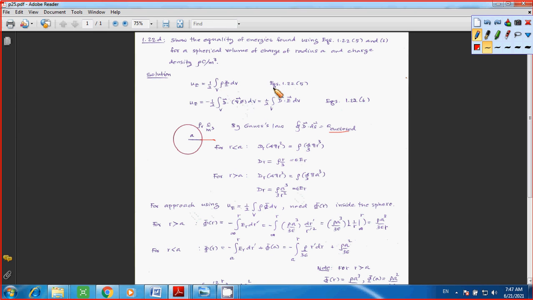Now we have to prove that applying equation 1.225 or equation 1.226 will give the same result. First, let's do equation 1.225. You need to consider both r greater than a and r less than a.